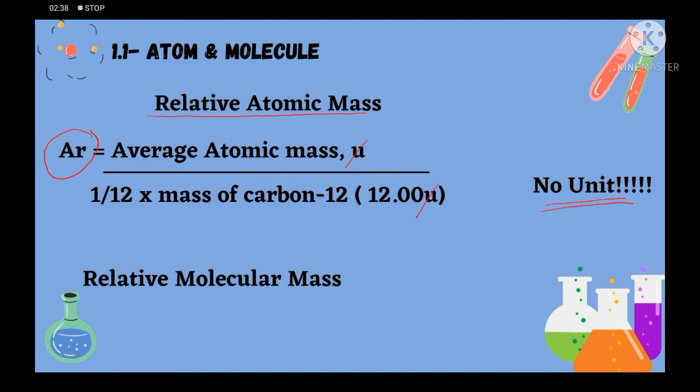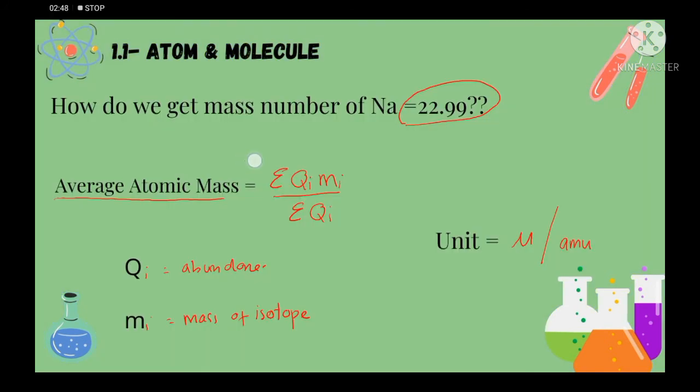When you get a question, look carefully at whether they ask for average atomic mass or relative atomic mass. If they ask for average atomic mass, you need to use this formula. Make sure you write down the formula every single time, and average atomic mass has a unit.